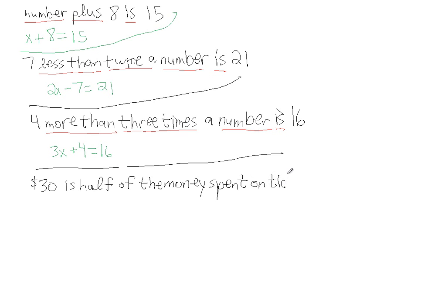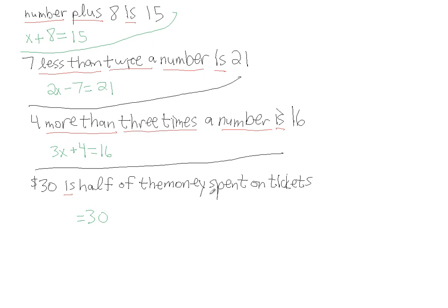Okay, so let's say we're going to a ball game or a concert or what have you, and $30 is half the money spent on tickets. Okay, well, we can start out with 30. 30 is, so that means equals. We have is, so 30 is. It's the same thing up here, just in reverse.